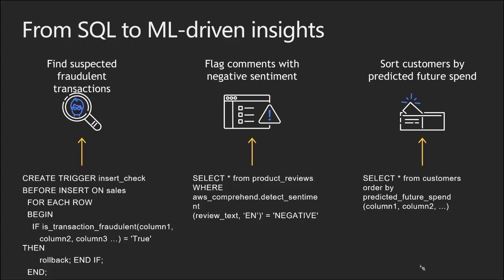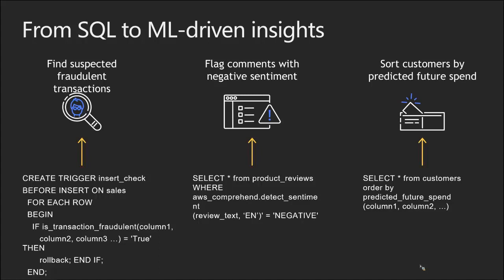The third example is in the area of classification. So here I have, let's say, a lot of customers, and I want to try to predict which of them are likely to be big future spenders. So I classify my customers based on data that I have about them in my database.